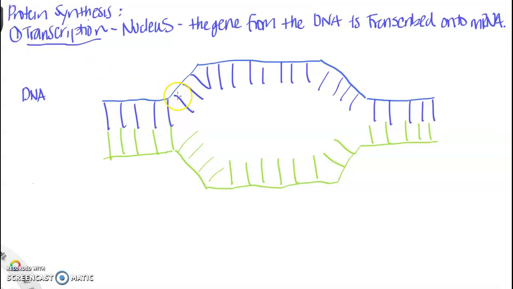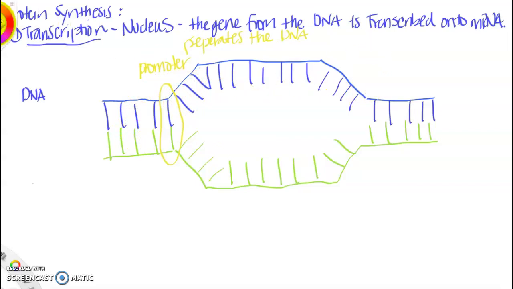And the enzyme is called the promoter. So the promoter separates the DNA strands. So it uncoils it and then unzips it to expose the two templates.